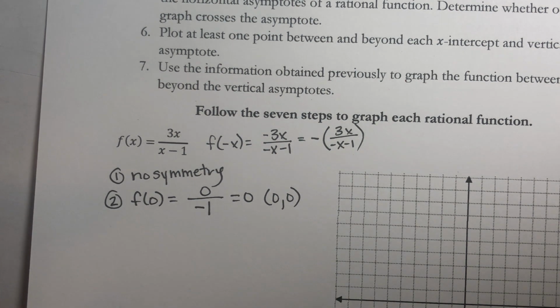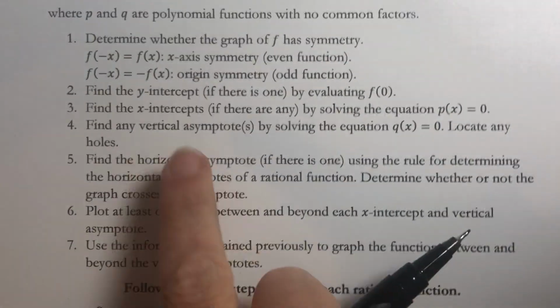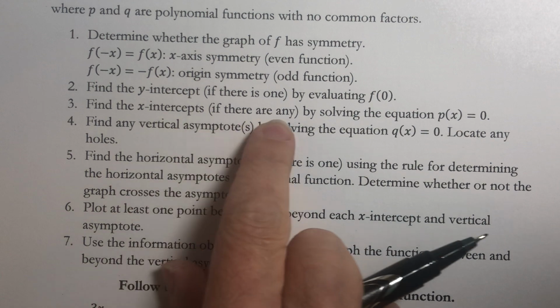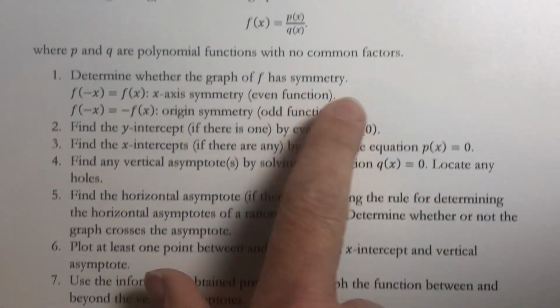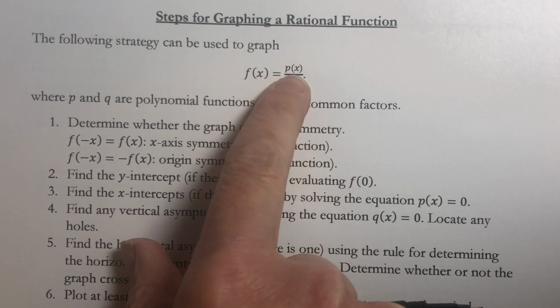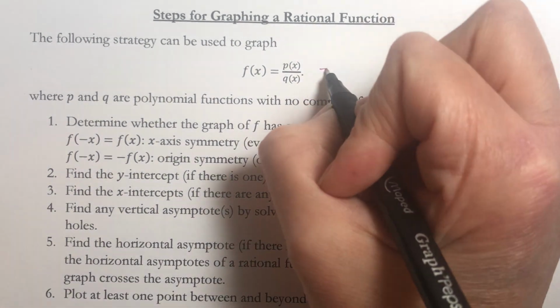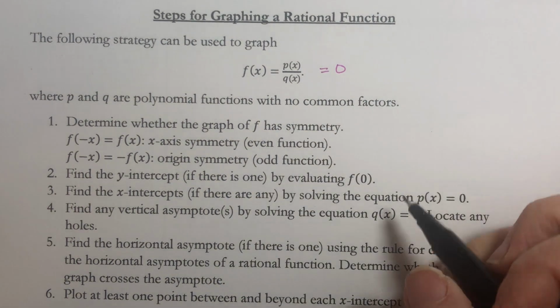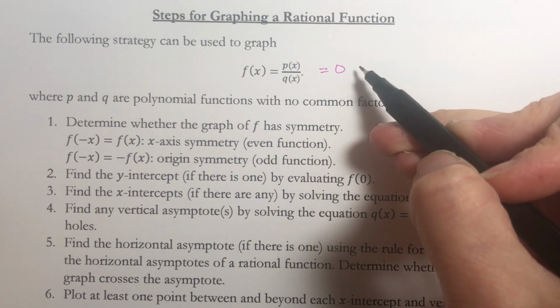All right, now what's step 3? Step 3 is to find the x-intercepts, if there are any, by solving the equation p of x equals 0, which is just right up here. Now, technically, to find an x-intercept, you would set this equal to 0. But then when you did that, you would multiply both sides by q of x, and that's a 0, so it always goes away.